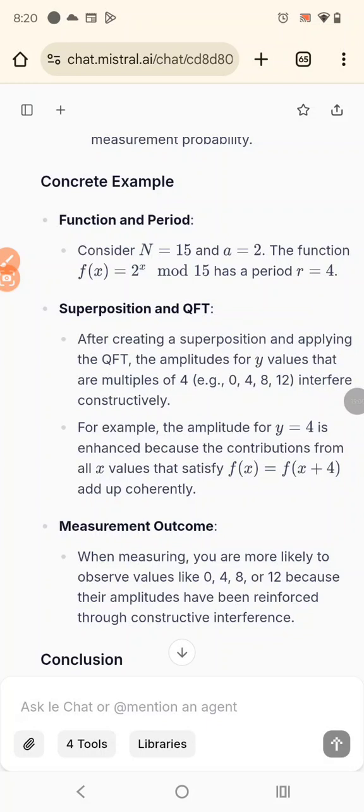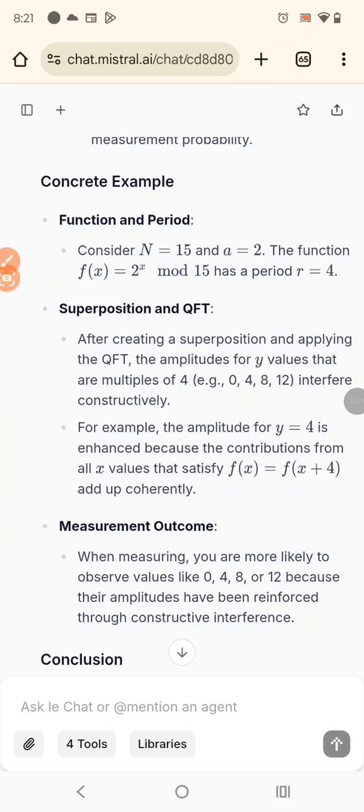So before creating the superposition, all of the 16 states are equally likely. All 16 possible values of x had equal amplitudes, you can say, in the frequency domain. But after applying the QFT, the amplitudes for y values that are multiples of 4 interfere constructively.